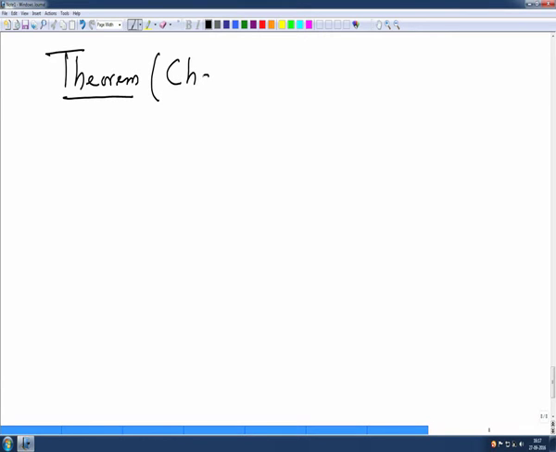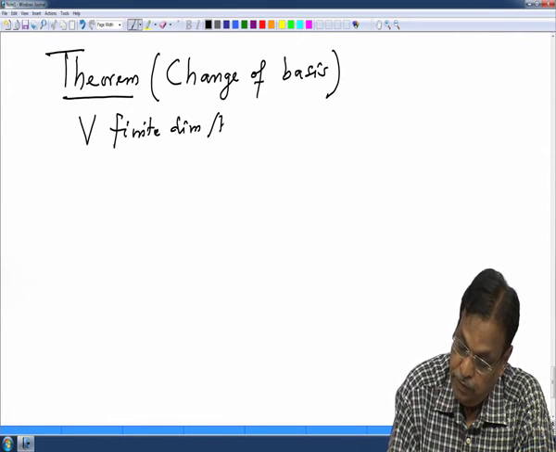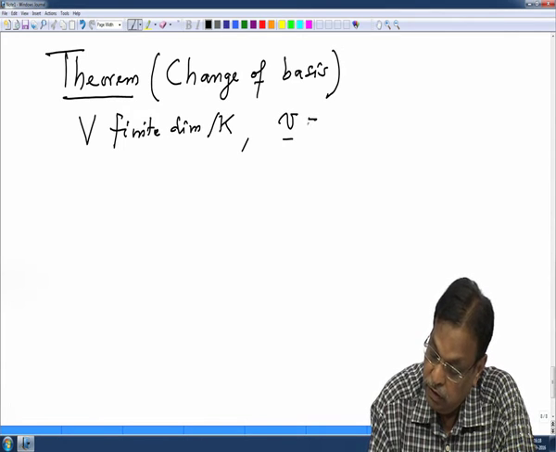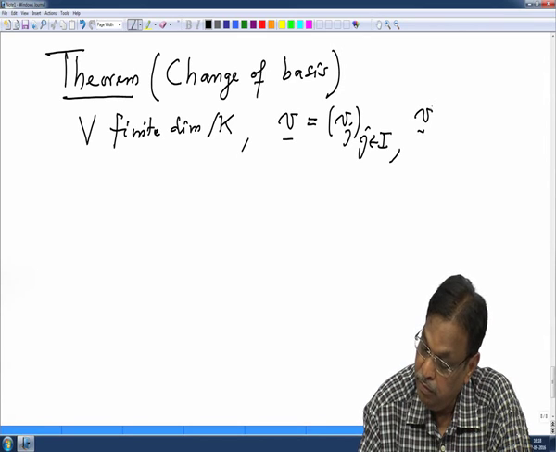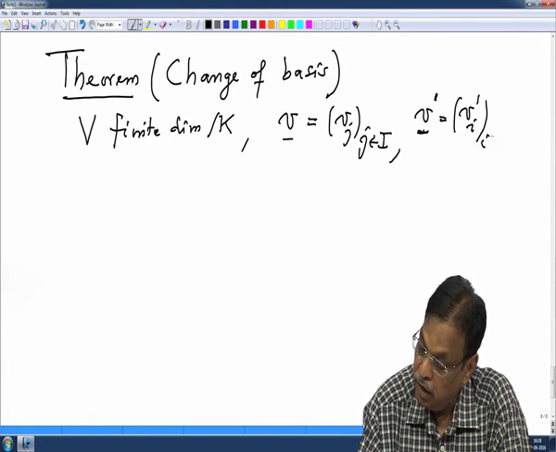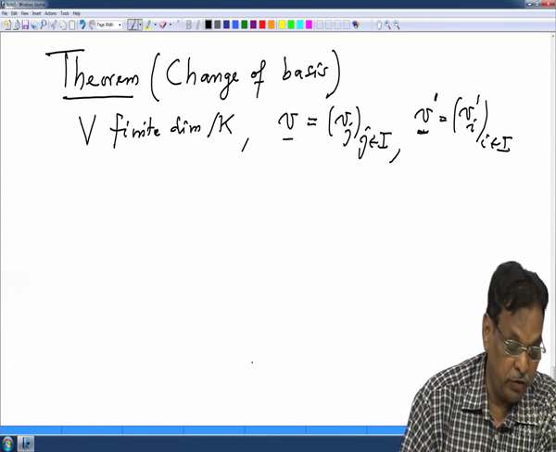V is finite dimensional over K, and given two bases, one is v_j, and another basis v prime, which is v_i prime, i in I. Now see, it is the same indexing set, but I am using different indices just to distinguish.